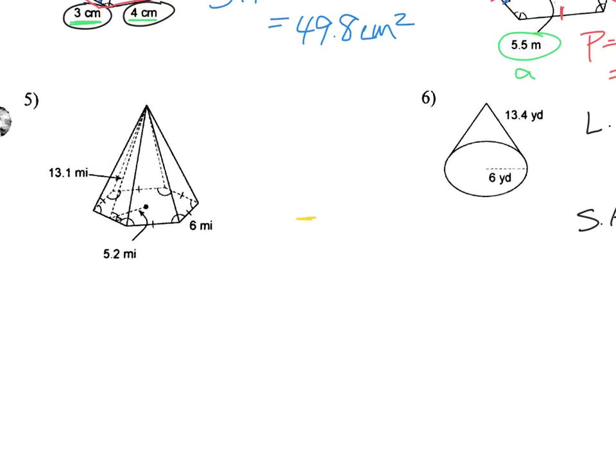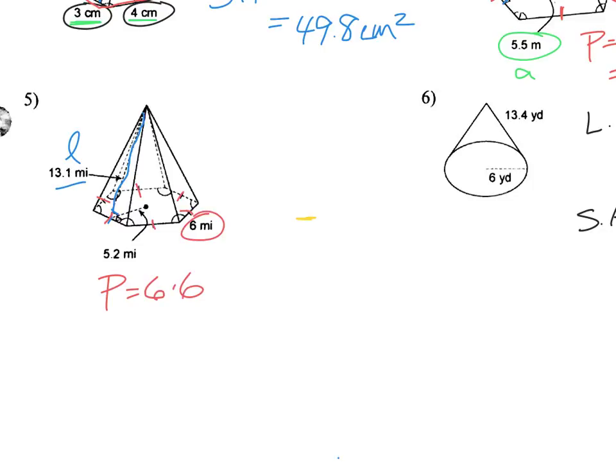Okay, here's another one, same type of thing. What's our slant height? Our slant height is this one right here coming down, which is 13.1. So there's our L. Our perimeter, count the sides. There's 1, 2, 3, 4, 5, 6 sides. So it'd be 6 times 6.